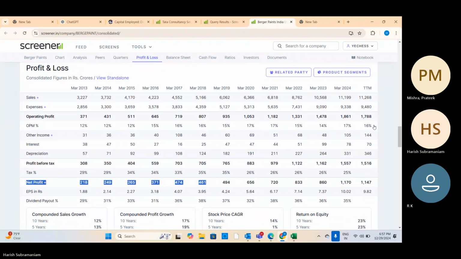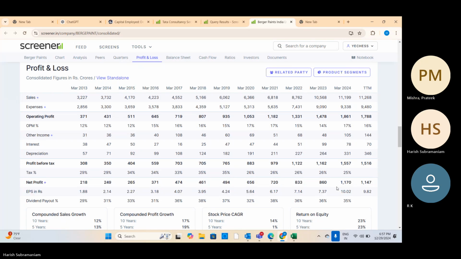Below this net profit, you see there is something called earnings per share. Last year, in 2024, Berger Paints made 1,170 crore of profit. When they divided it by the total number of shares, the profit per share was 10.02. So we are talking precisely about this number.